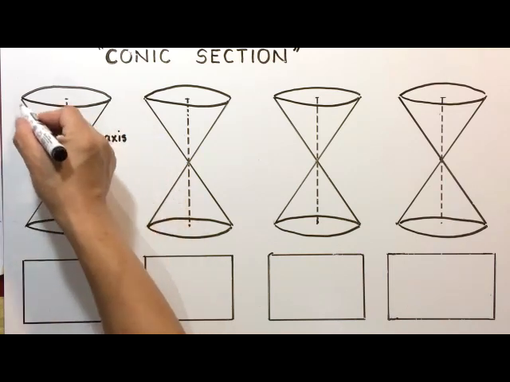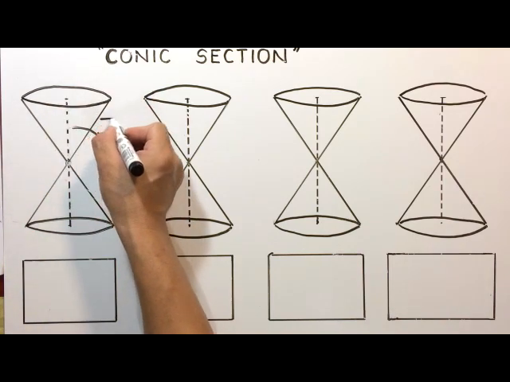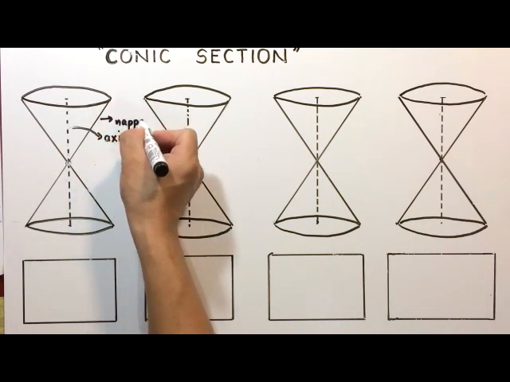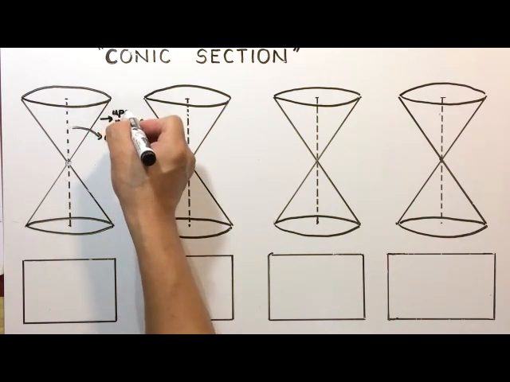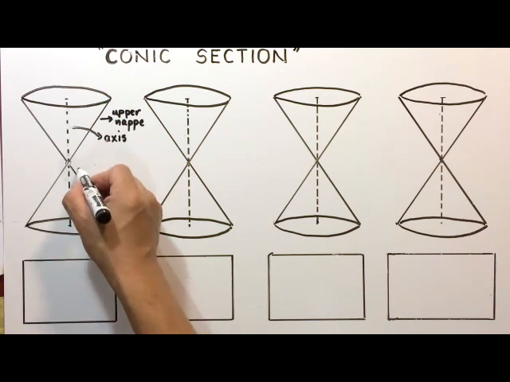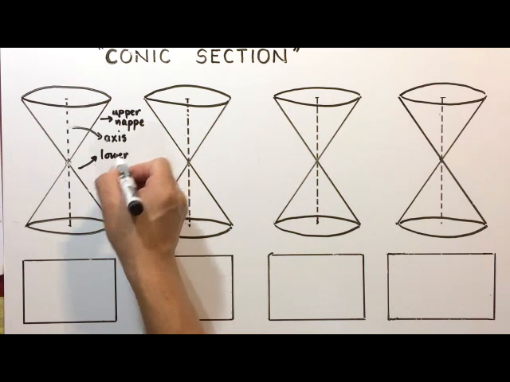And we call this cone, the upper cone, the nape of the cone, because it is found at the upper nape of the cone. And also this one is called the lower nape of the cone.